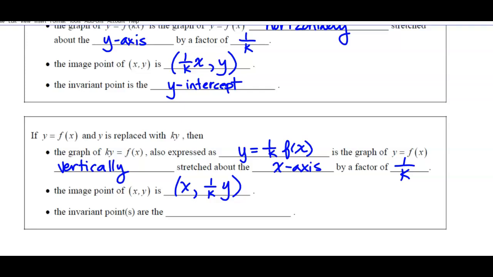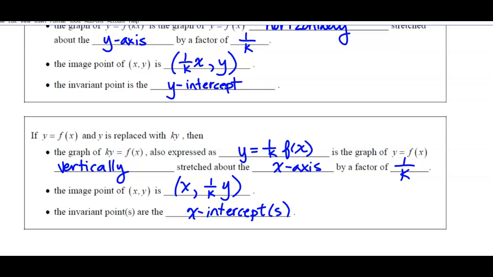And now, notice how, a hint here, there was no plural, this is plural, and these are the x-intercepts. You could have negative x-intercepts, but sinusoidal, an infinite number. Okay, polynomials are going to be up to their degree. So it's whenever the point is on the axis that you're reflecting or stretching about, the value there is 0.